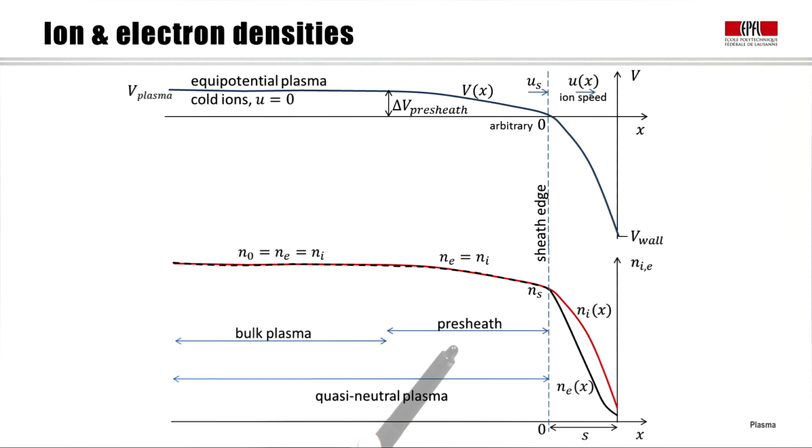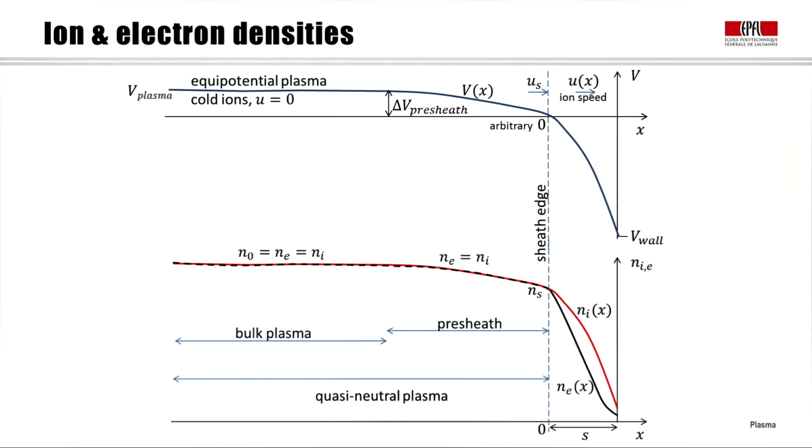In the pre-sheath, we consider that the plasma is still relatively equipotential, and therefore we have electron density still equal closely to the ion density. At the sheath edge, therefore, the densities of electrons and ions are both equal to Ns. This is the quasi-neutral plasma.